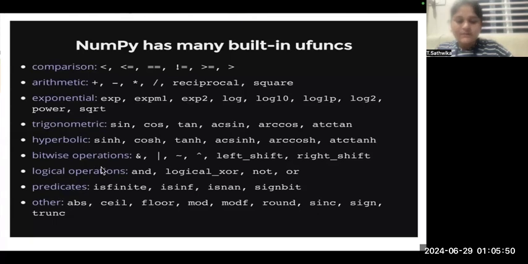And it has some bitwise operations called bitwise and, bitwise or, one's complement, and left shift and right shift. It has also got bitwise XOR. And next, it has logical operations like and, logical XOR, not, and or.